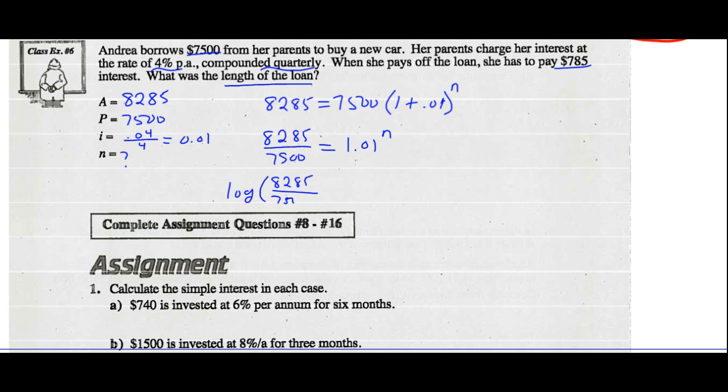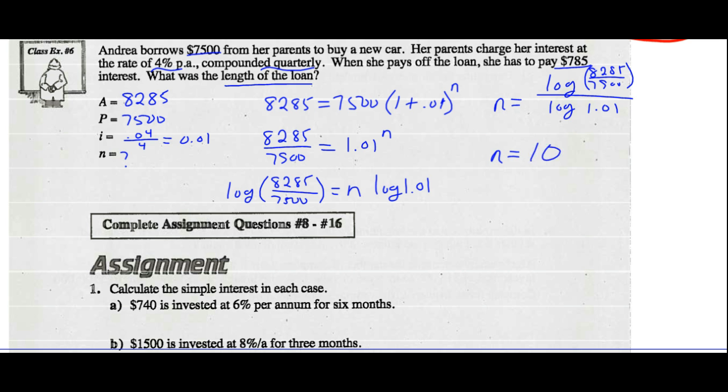The common log of 8,285 divided by 7,500 equals the common log of 1.01 to the exponent N, written as N times the common log of 1.01. I now divide both sides by the common log of 1.01, and I find out what N is. So the log of 8,285 divided by 7,500 all over the common log of 1.01 will give us our N value. And you work that out and you get N equals 10.